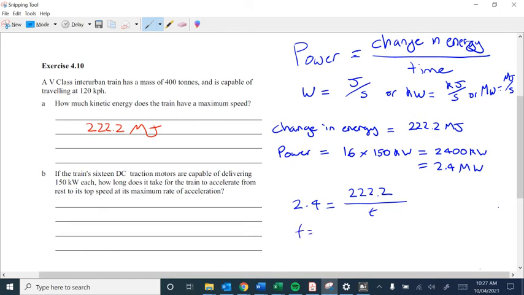So time is equal to 222.2 over 2.4, which is 92.58 seconds, or 1 minute and 33 seconds rounded up.